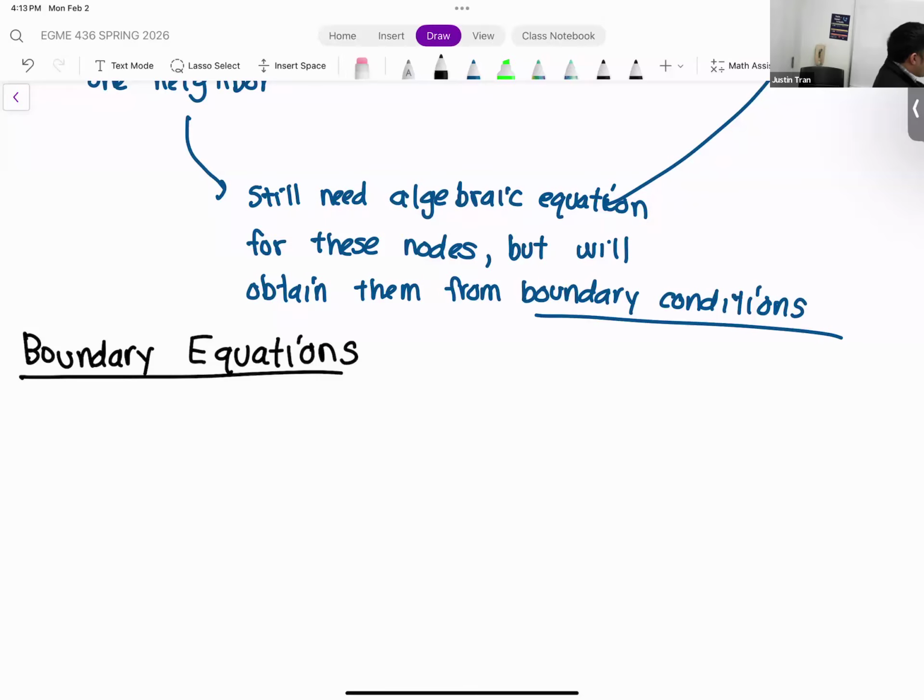So let's first remind ourselves that there are typically two types of boundary conditions that you can have in a generic boundary value problem like this with a differential equation.